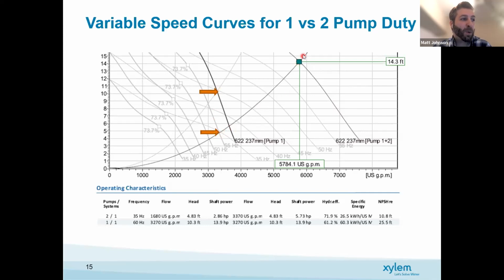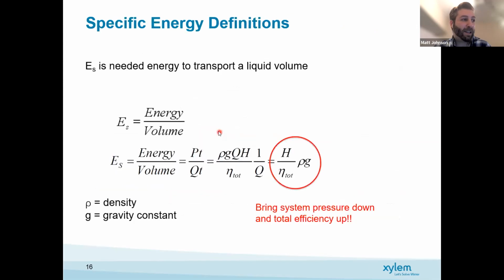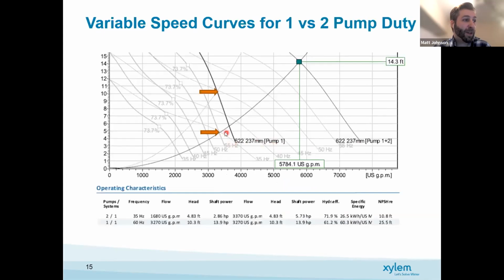Whereas if you are running 2 pumps and you ramp that down to 35 hertz, each pump at 35 hertz, you're getting that same flow rate, but you're not building up that head. So you're getting the flow, but you're using less head. And as we know, a key component of the specific energy is head. So if we are reducing that head, the other thing is the single pump point, like we said, is way out to the right, away from that best efficiency point.